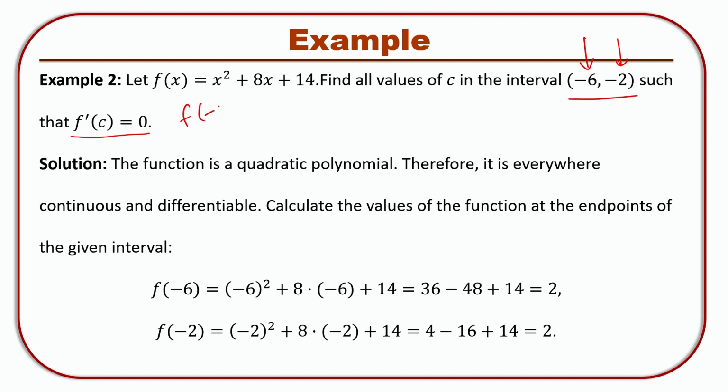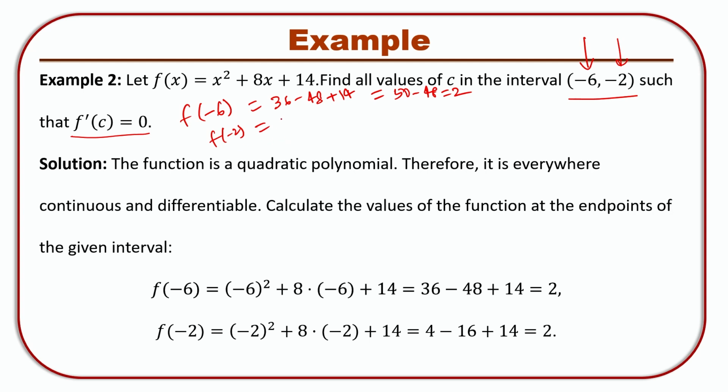So let me check f(-6) and f(-2). So f(-6) means 36 minus 48 plus 14, and this will be equal to 50 minus 48, which is equal to 2.